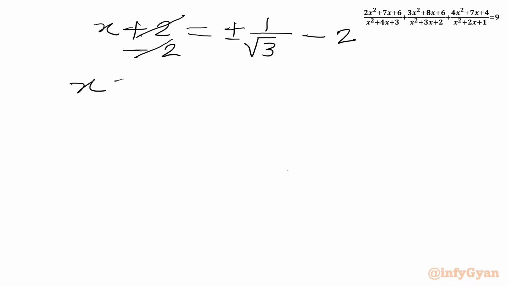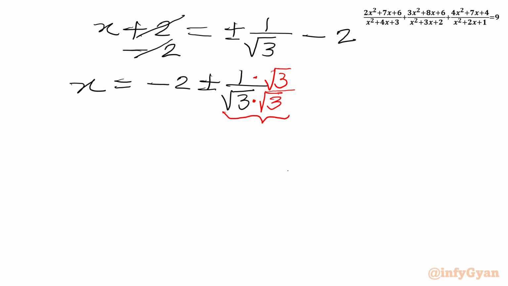We will get x equal to minus 2 plus minus 1 over square root of 3. Now we can rationalize our denominator. So we need to multiply by root 3 in the numerator and denominator. Now root 3 times root 3 will become 3 in the denominator. So we will write x equal to minus 2 plus minus root 3 over 3.